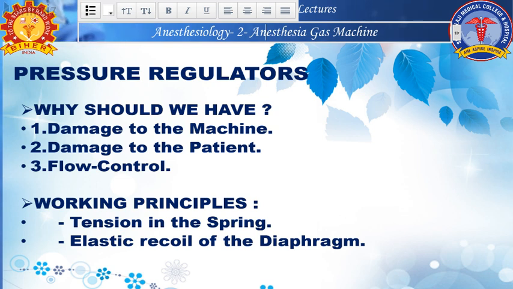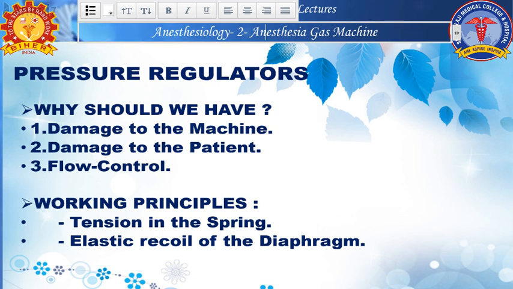For example, if I want to give only oxygen, the patient should receive only oxygen. If I want to give a mixture of oxygen and nitrous oxide, then the patient should get both. Or additional inhalational agents such as halothane, isoflurane, sevoflurane, desflurane, whatever it may be. All these agents should be supplied at the appropriate pressure in the appropriate quantity. So this is the basic goal of the machine.